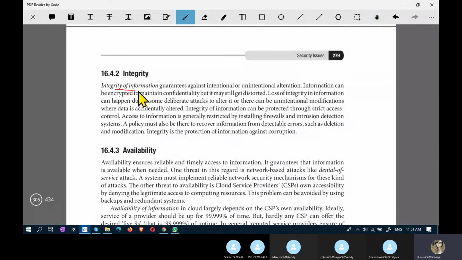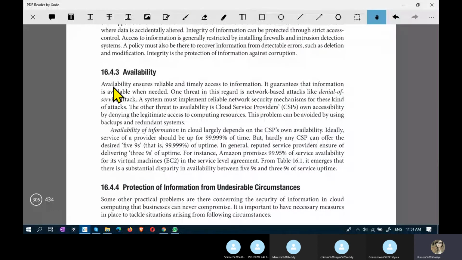Integrity is the protection against intentional or unintentional alteration of the information. How do you do this?